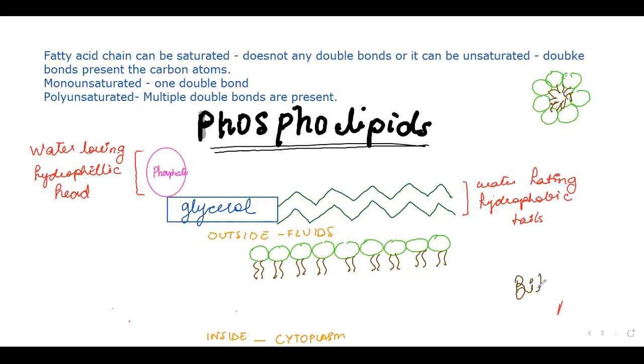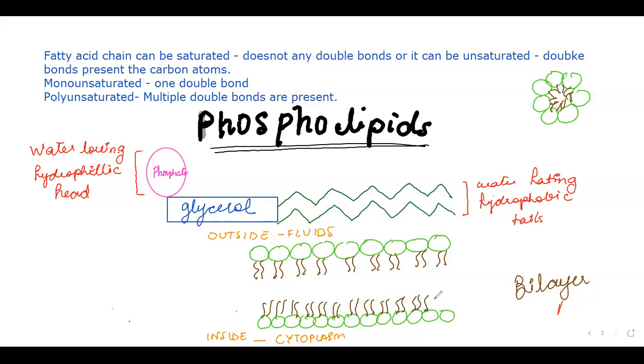What do I mean by bilayer? It means that I will have two layers of the phospholipids. So this is one layer, and then I will have the other layer. The two layers will arrange themselves in such a way that the hydrophilic heads of one layer face the outside of the cell, because outside the cell you have fluid.